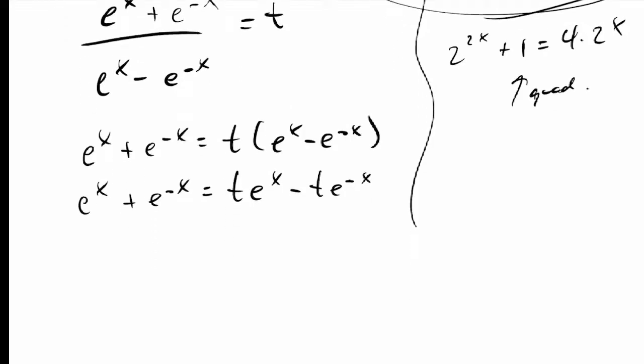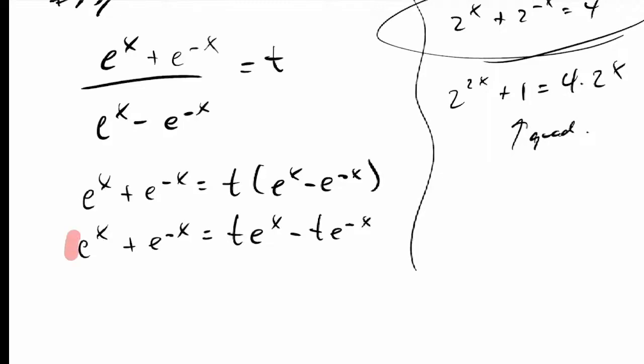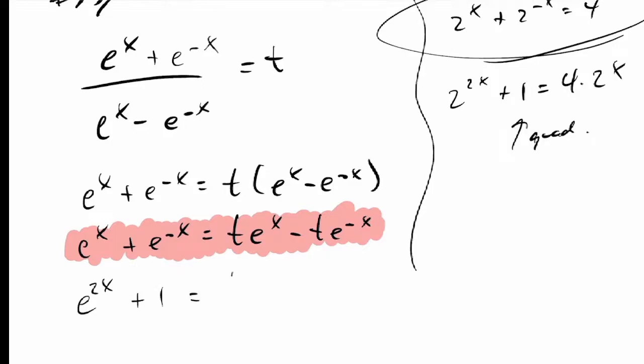It's the same strategy with this question here, if you recall. I didn't assign this question, but Leanne dug it up, and it was one we talked about and came back to. If I multiply across by e to the x, you get e to the 2x plus 1 is 2 times e to the 2x minus t, right? Because e to the x times e to the negative x is 1.